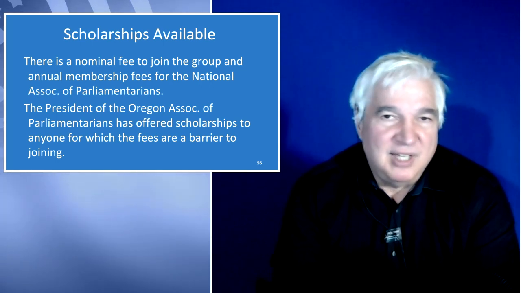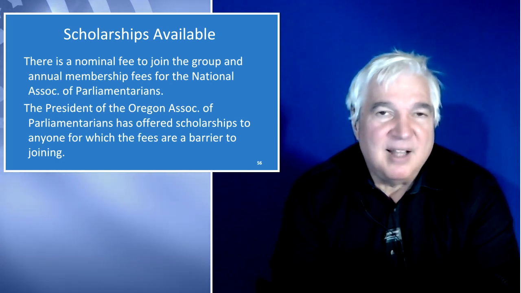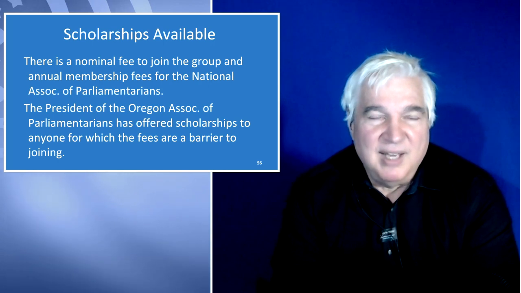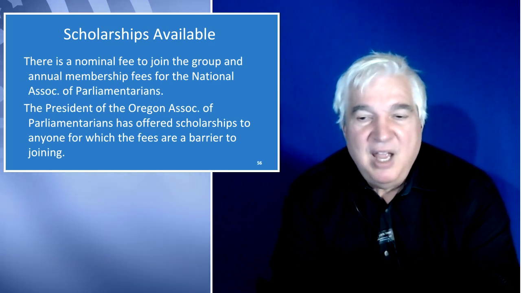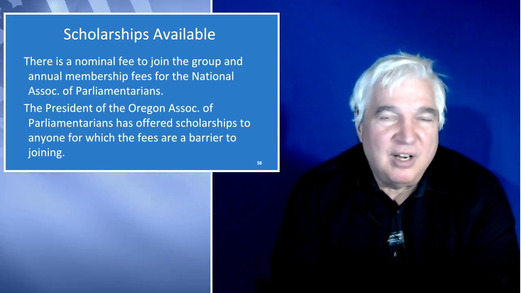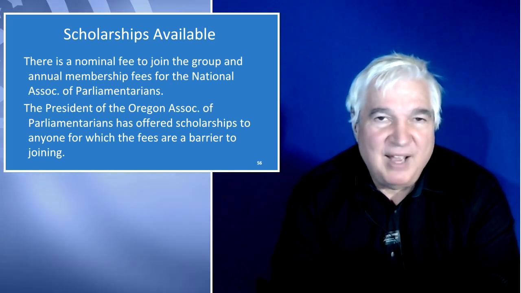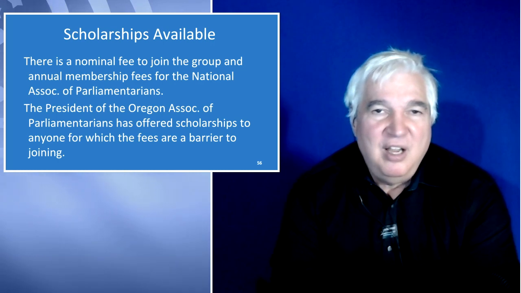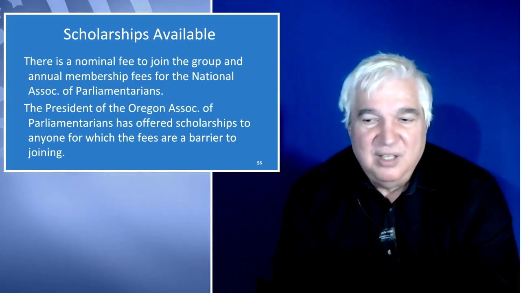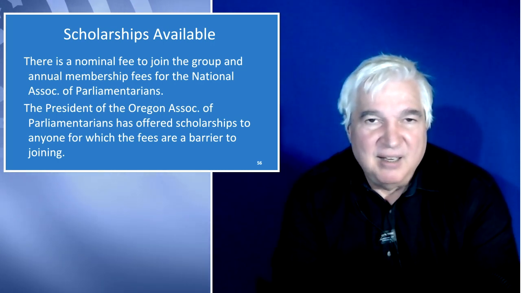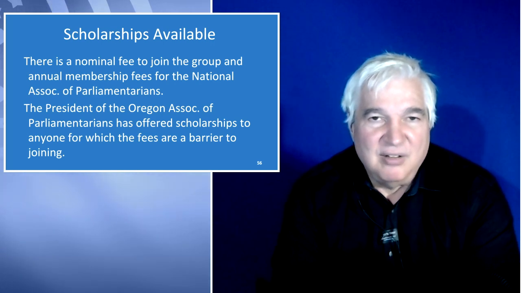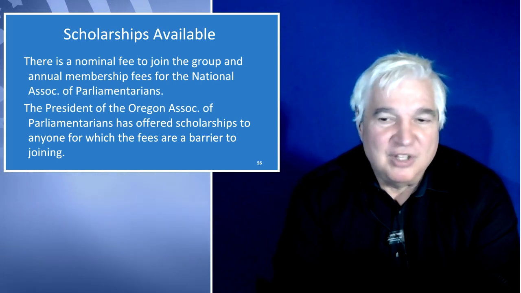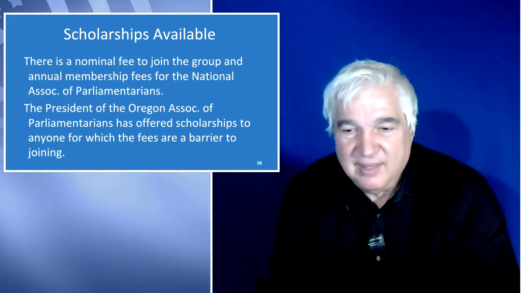So there's the basic level of being a member of the National Association of Parliamentarians. There's becoming a registered parliamentarian, which means passing a battery of 5 tests. And then there's the highest level, which is a professional parliamentarian, which involves further study and certification to go out and charge money for this with a clean conscience.